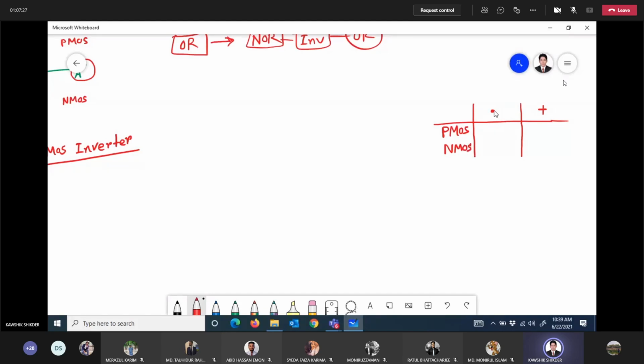If the sign is dot, suppose a logical expression is given where the sign is dot, then PMOS should be parallel and NMOS should be series. Got it?